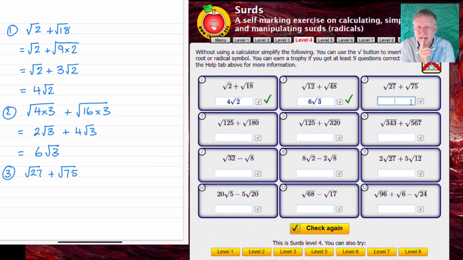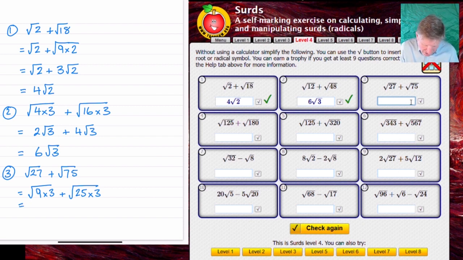Okay, let's see. I've got a factor of 3 in both of them. And in fact, when I take out a factor of 3 from those numbers, that leaves me with a square number in both cases. So this is equal to the square root of 9 times 3 plus the square root of 25 times 3. So you can see what we do next.